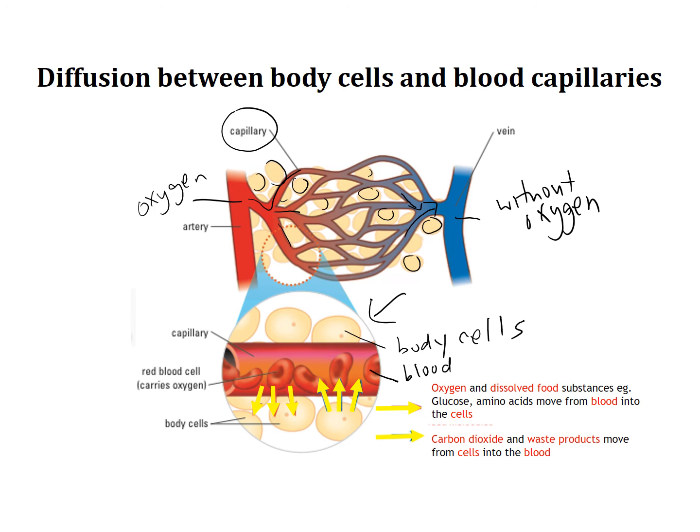As blood goes through the capillary, you can see oxygen and dissolved food substances, for example glucose and amino acids, will move from the blood into the cells by diffusion. And at the same time, carbon dioxide and waste products will be moved from the cells into the blood to be carried to the veins and returned back to the heart.